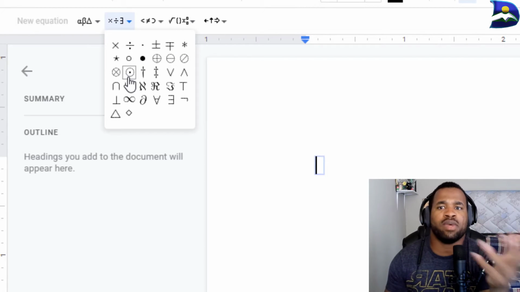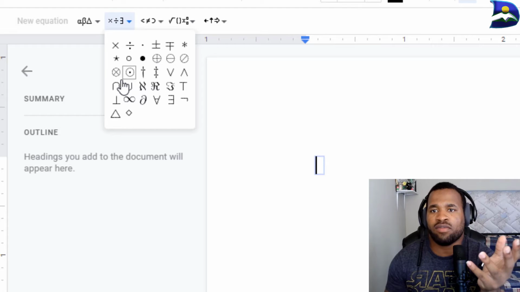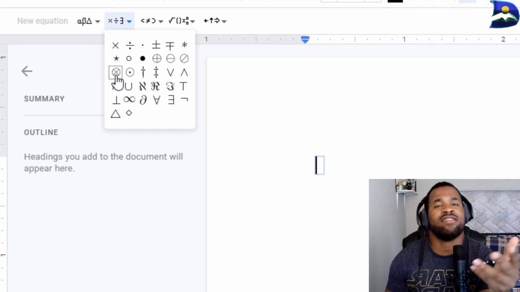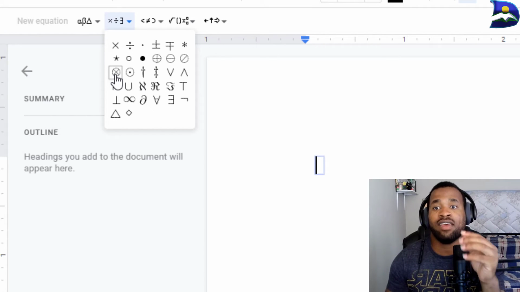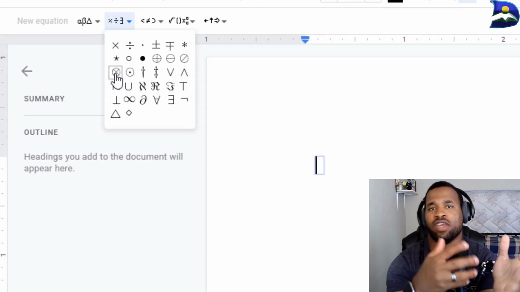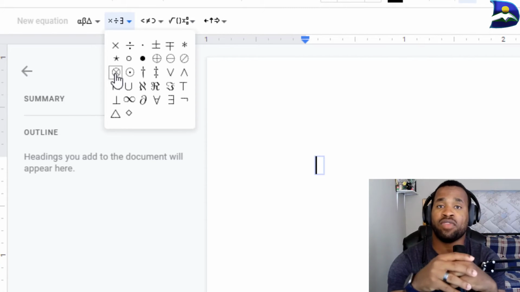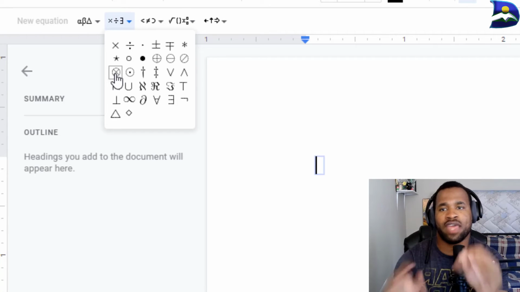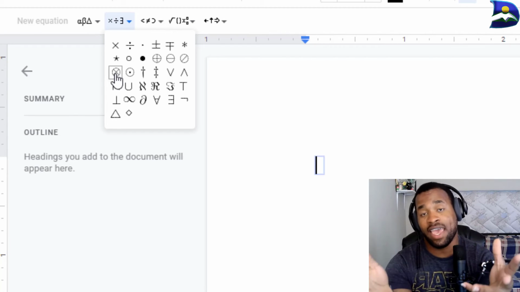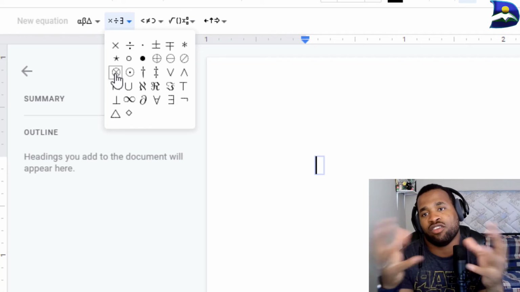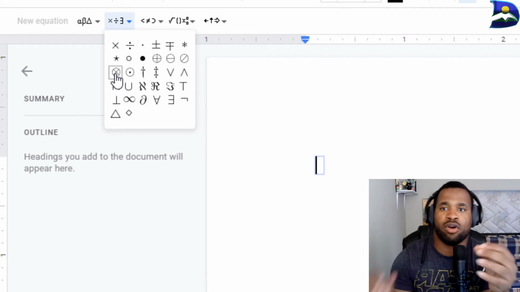Another one to be aware of is this x with a circle around it. This is usually used in terms of vectors, and when you want to throw something away from you, the arrow tail is used to describe it on paper.